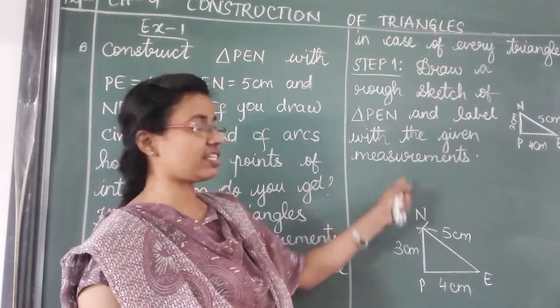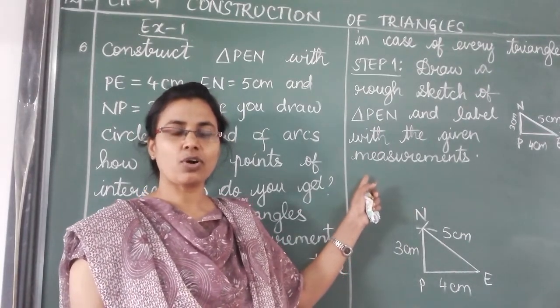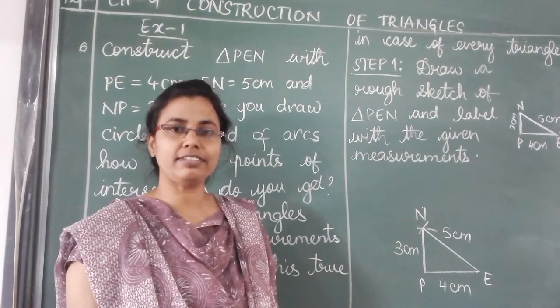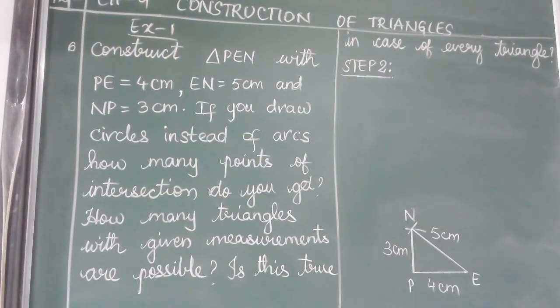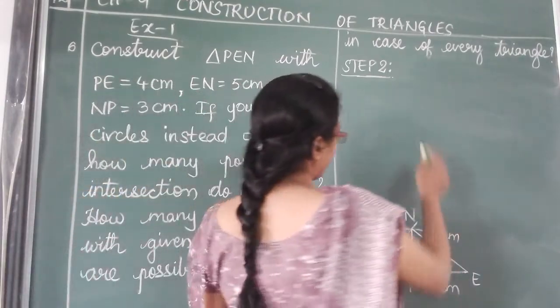I am going to erase this and write step 2. Clear with it? Copy this in your classworks, children. Let's write step 2. What is step 2 that we have done? Very good.